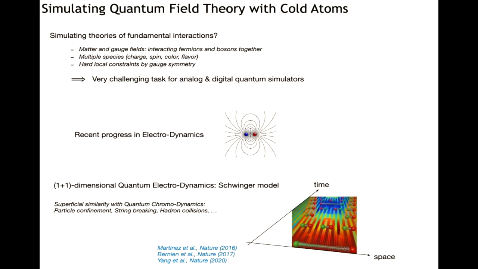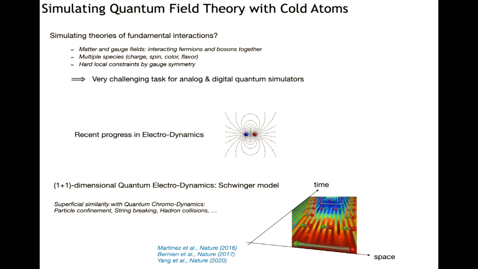On the one hand, this is done because it's easier, right? So you have to start somewhere. But actually, I think most interestingly, this simplified version of quantum electrodynamics shares some non-trivial features with the higher dimensional gauge theories of interest, for example, quantum chromodynamics.